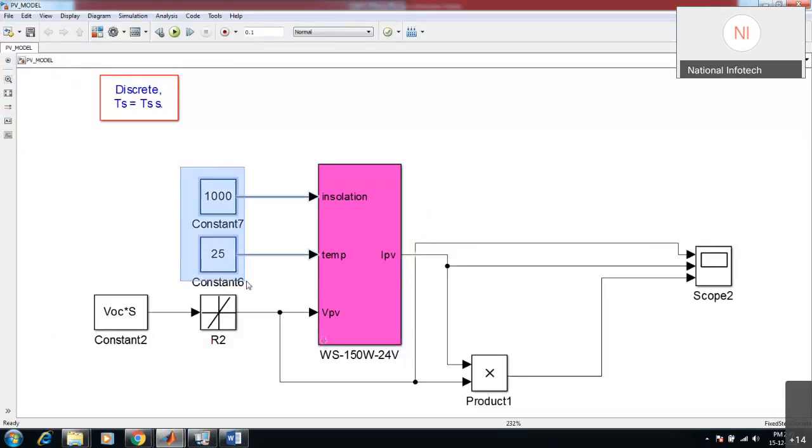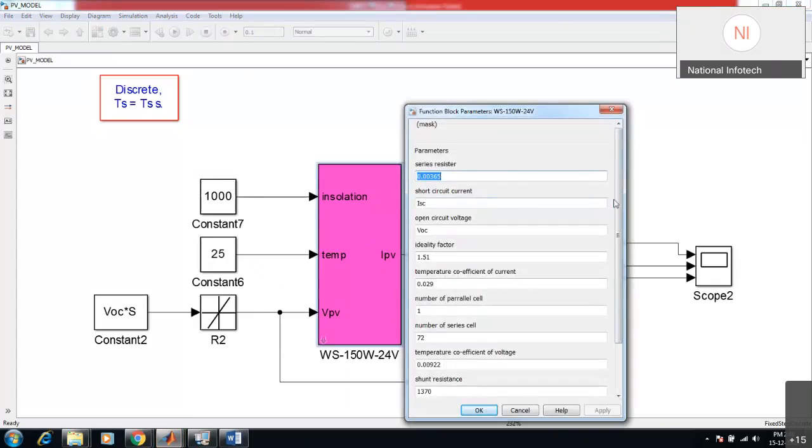This is for the standard test condition. The 150-watt panel gives 150 watt power at the standard test condition, which is 1000 watt per meter square irradiation and 25 degrees Celsius temperature. At that time it will give us the maximum power of 150 watt.